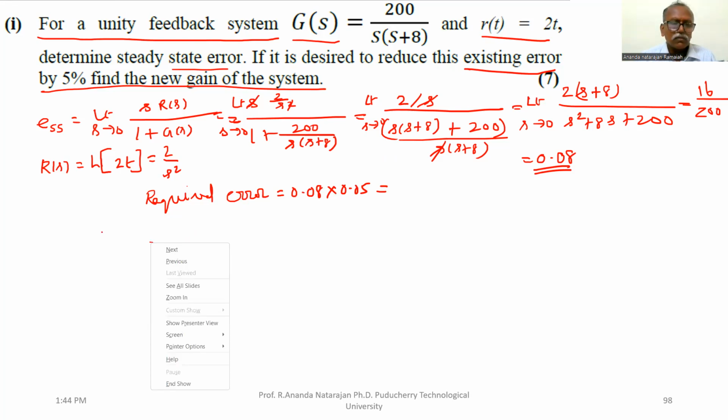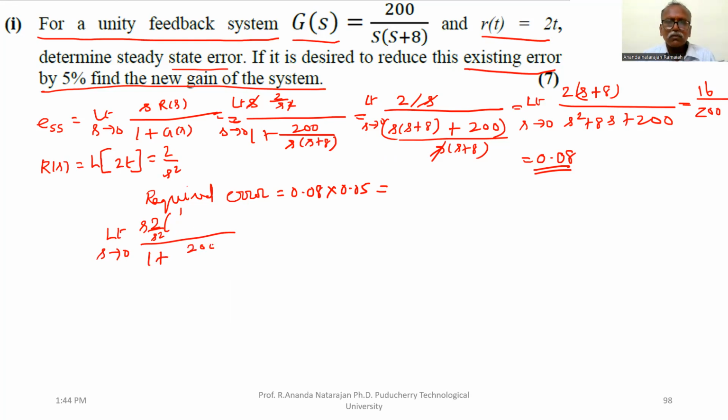Therefore, limit s tends to 0 of s multiplied by 2 by s square, upon 1 plus 200K divided by s multiplied by (s plus 8).